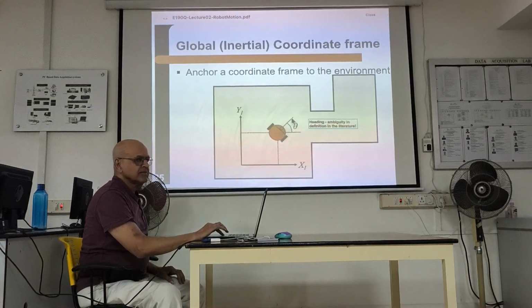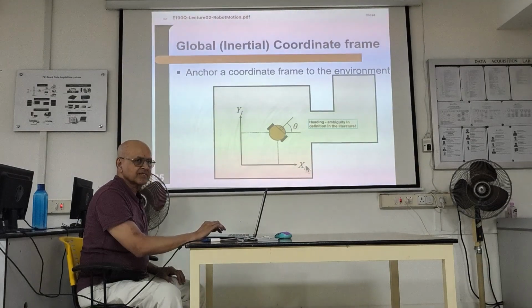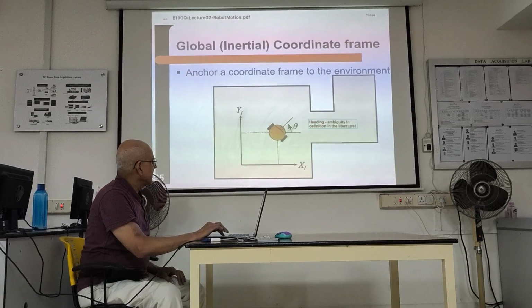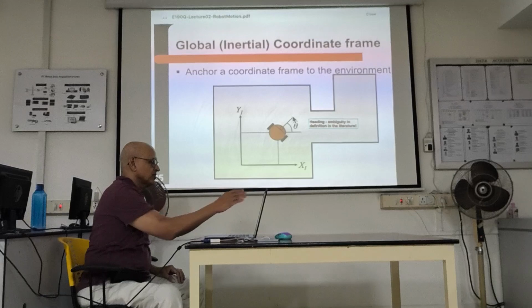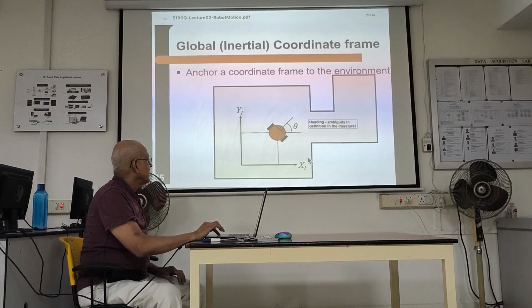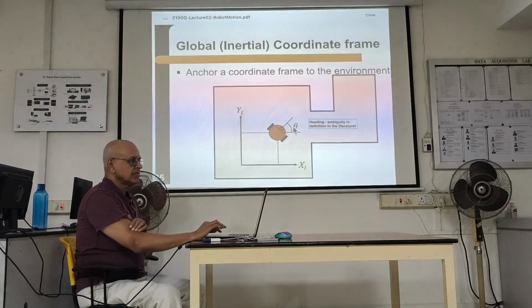By definition, the angle is with respect to the positive x world axis, not the y-axis. Remember, theta is the angle made by this line drawn straight out of the nose of the robot with respect to the world. I is inertial, the same as world. So that's theta. It's called the heading angle.